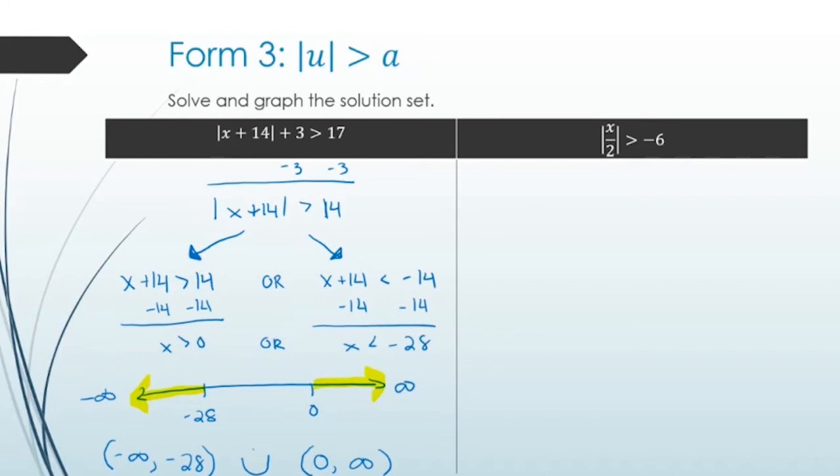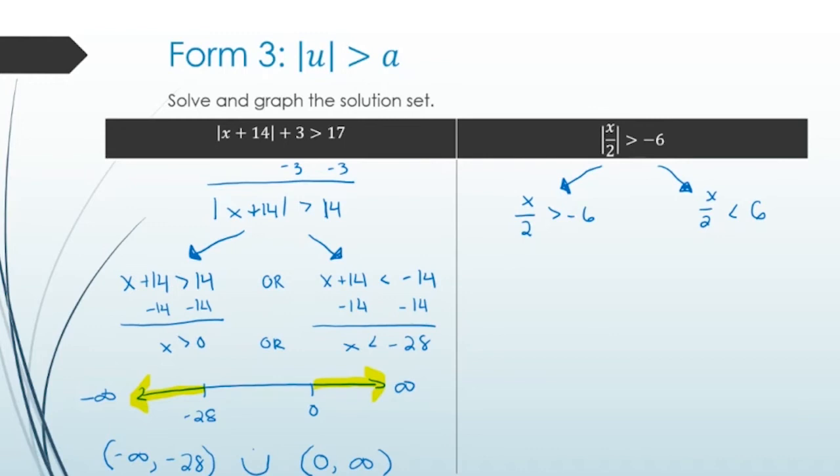Okay, now let's look at absolute value of x over 2 greater than negative 6. Same sort of thing, absolute value already by itself, so now we create two separate inequalities. We have x over 2 greater than negative 6, and x over 2 less than 6, because you're taking the opposite of your number, and that involves multiplying by a negative basically, so the inequality flips direction, it reverses.